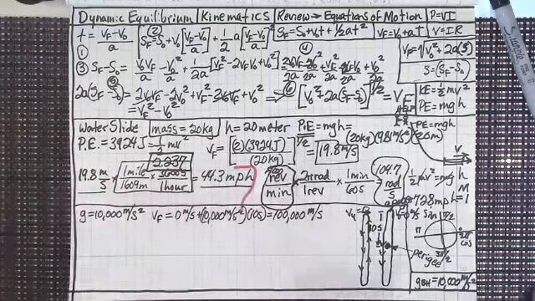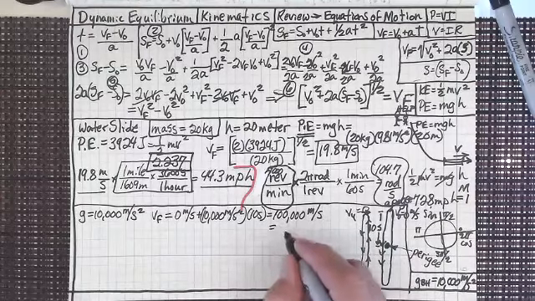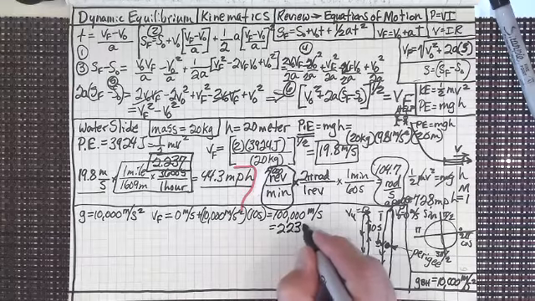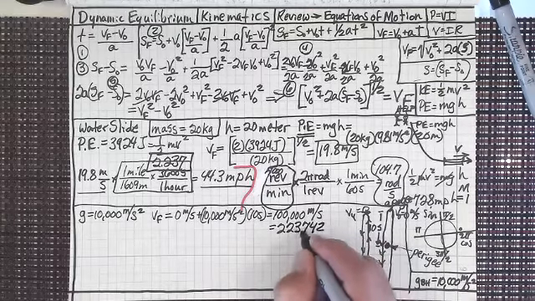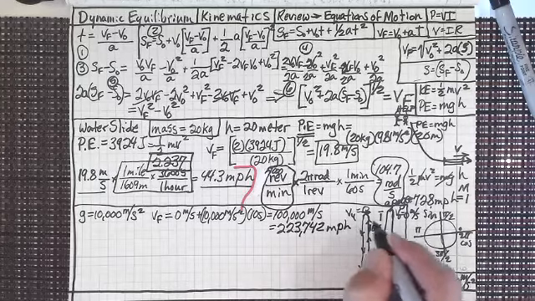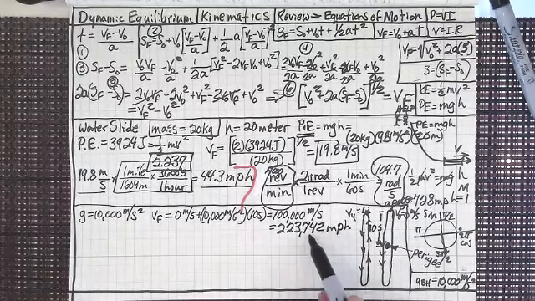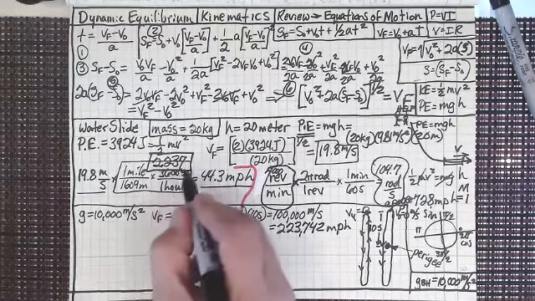Remember when we committed that to memory? 2.237. That's the last two numbers, by the way, so you can see why I rounded it to 2.23742.